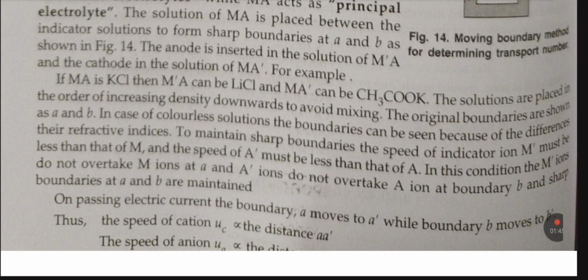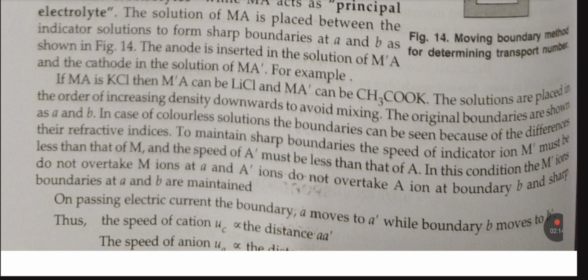To maintain sharp boundaries, the speed of indicator ion M' must be less than that of M, and the speed of A' must be less than A. In this condition M' ions do not overtake M ions at A, and A' ions do not overtake A ions at boundary B, and sharp boundaries at A and B are maintained.